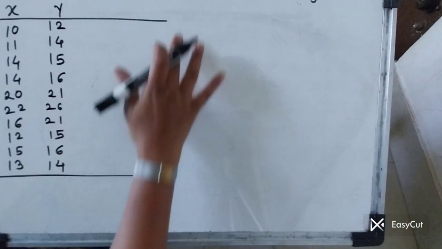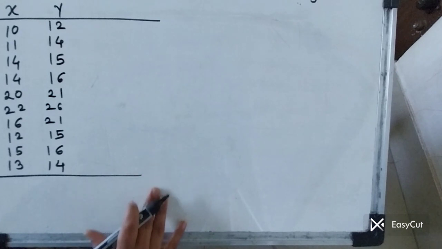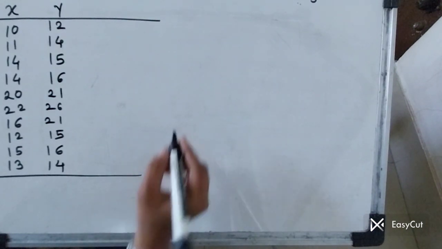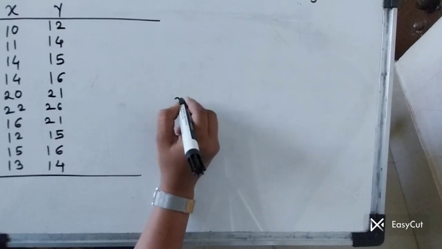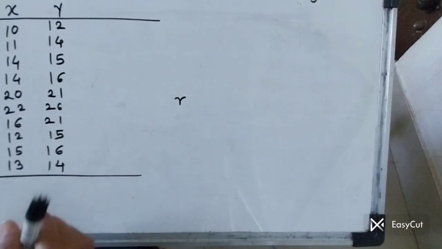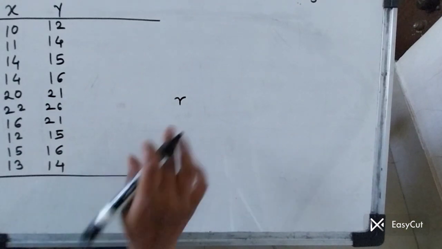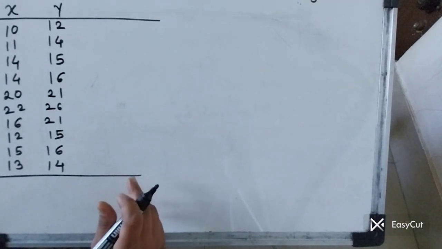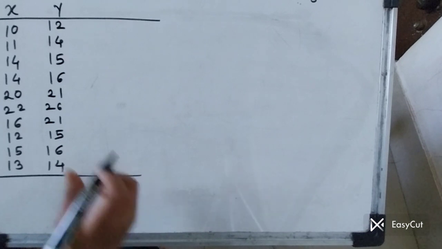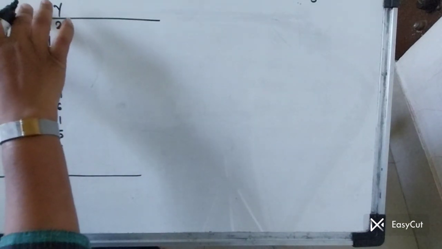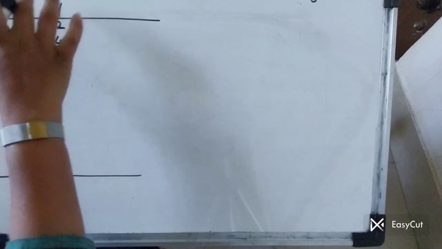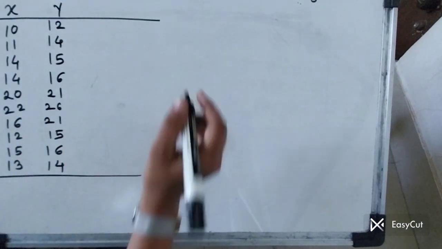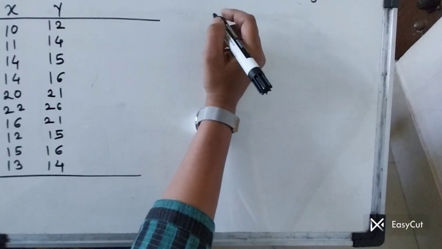What we have to calculate? The coefficient of correlation. We know the coefficient of correlation is r. Okay, x and y values are given, so we find the correlation between them. I denote exported quantity as x and imported quantity as y. What is the formula for correlation?